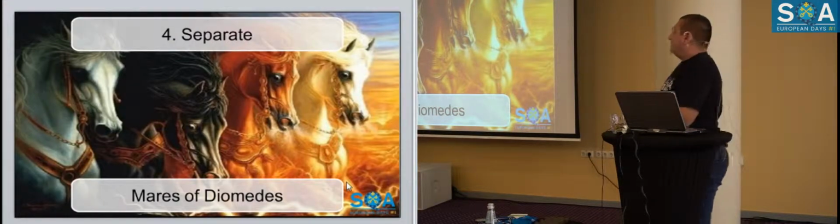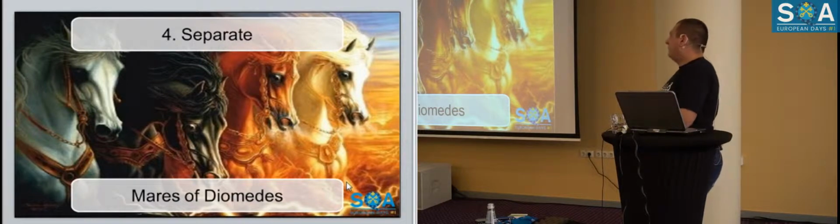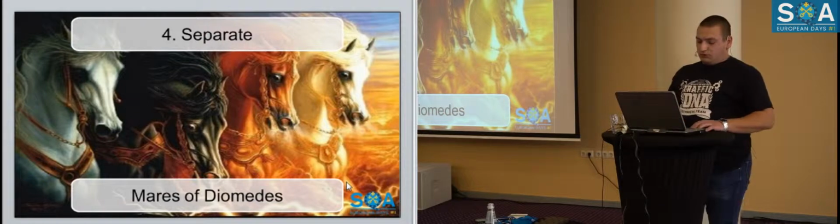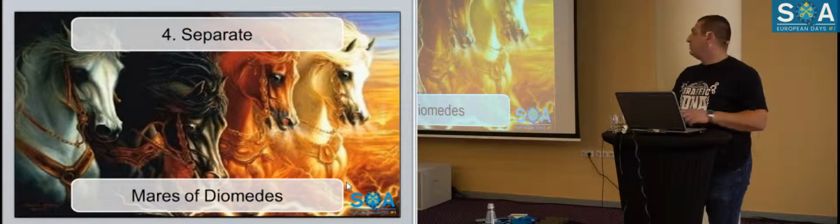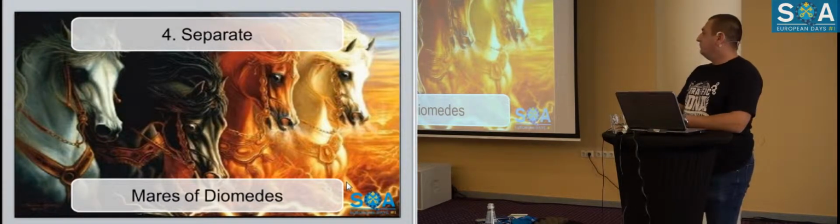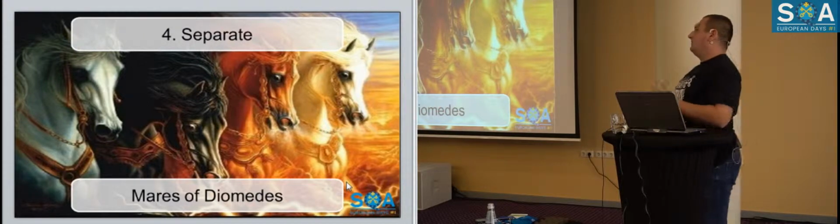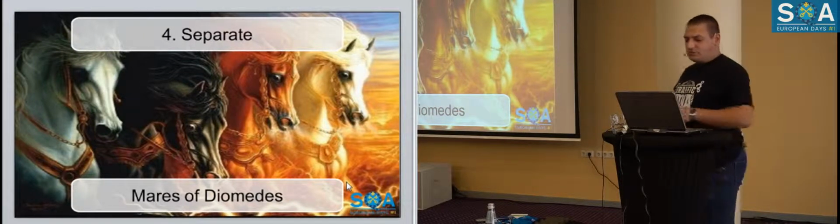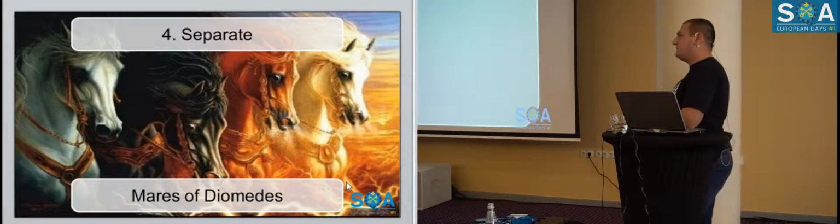So the fourth labor of Hercules is called separate, similar to the Mares of Diomedes, which Hercules basically stole, brought to the customer, and those mares were found to have been eating human flesh. They had to be let go, and they died in the woods, in the mountains. Why do you need to separate?